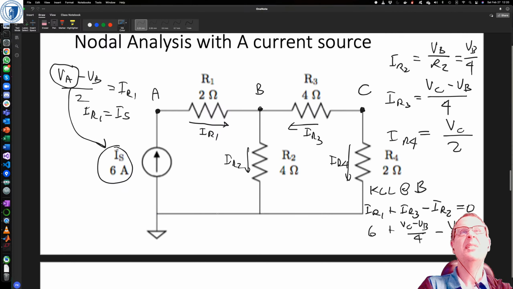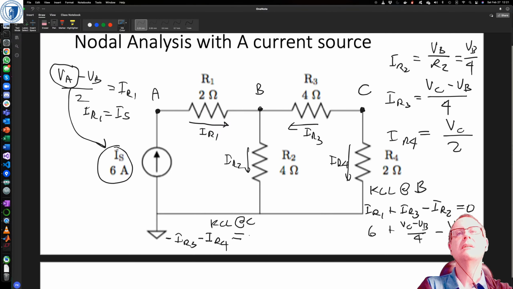And then the KCL at C, we've got minus IR3 minus IR4, because IR3 is flowing out of node C and IR4 is flowing out, so they're both negated, and that equals 0.